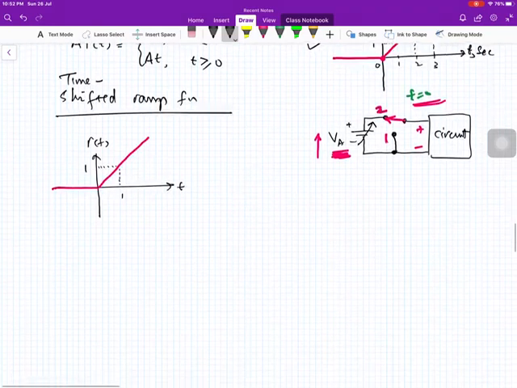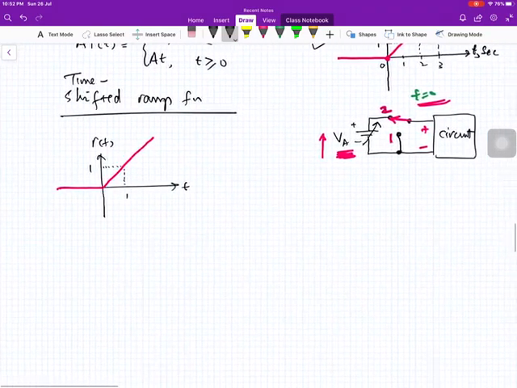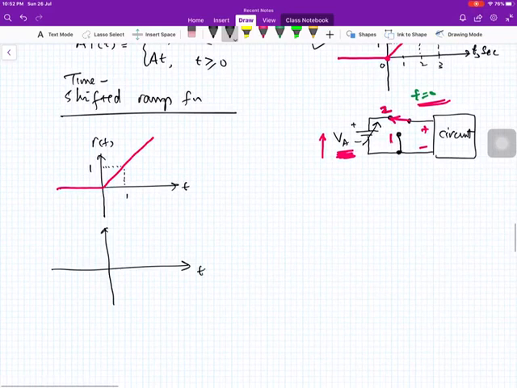Now if we have this unit ramp, its shape will be like this, and again say this is 1.